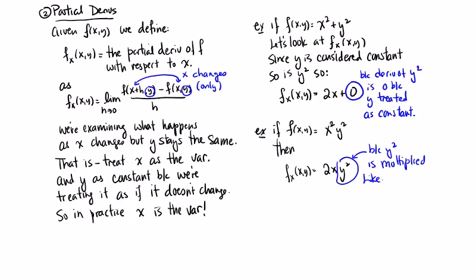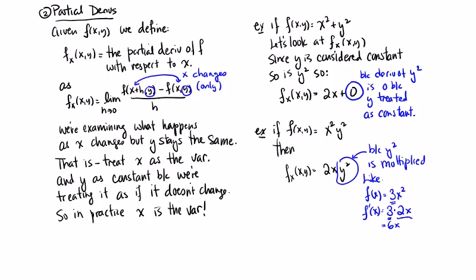If I had, for example, in Calc 1, f of x equals, say, 3x squared, then f prime of x is 3 times 2x. The 3 is just staying. It's multiplied by x squared. There's something called a constant multiple rule, so the 3 just sits there. And I get 3 times 2x, which becomes 6x, which you probably do automatically. But really, that 3 isn't going anywhere. It's staying there as we take the derivative of the x squared.